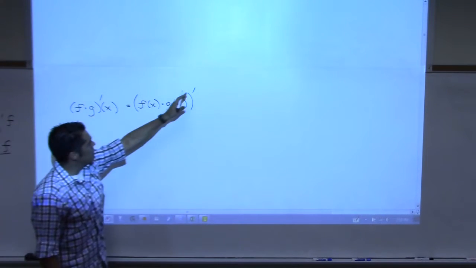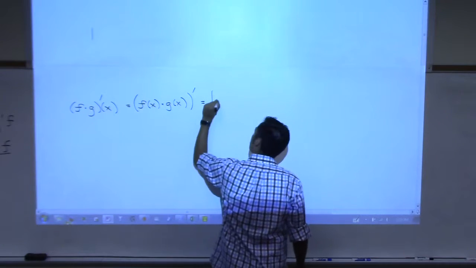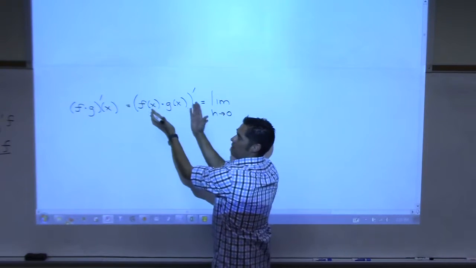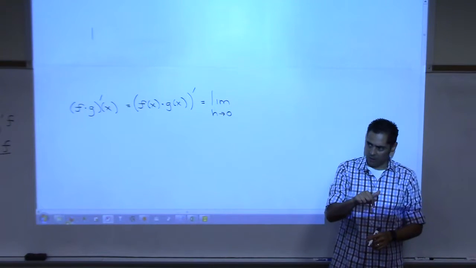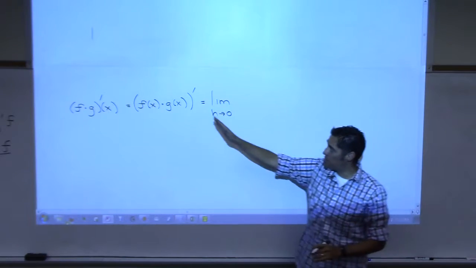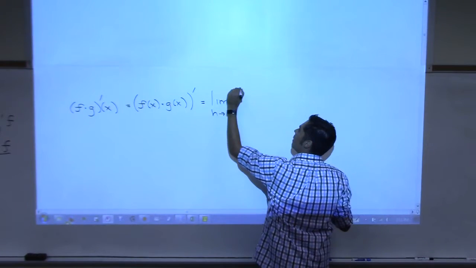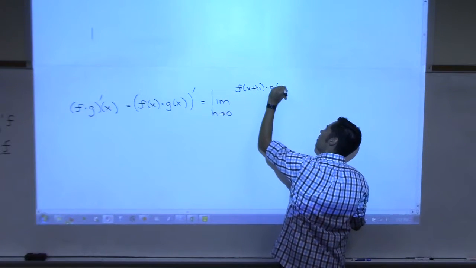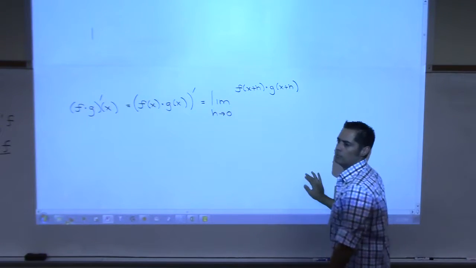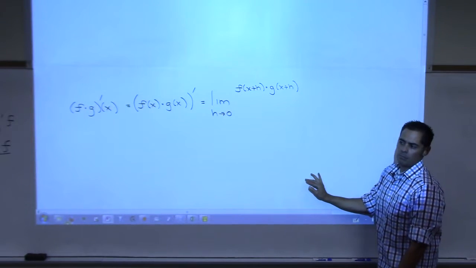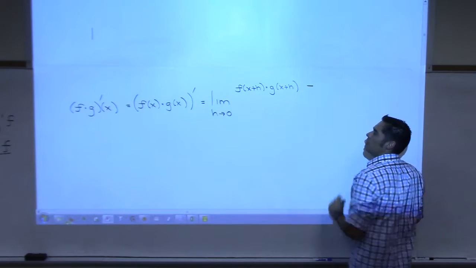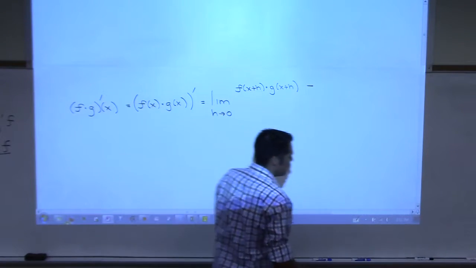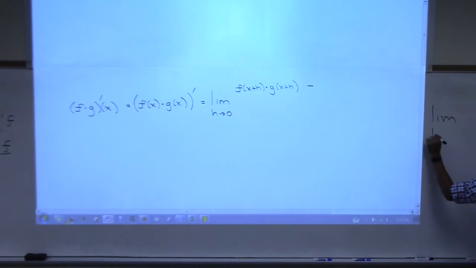Now the derivative means I need to take a limit as h goes to 0 of this thing with x plus h plugged in first. So that would be f with x plus h plugged in times g with x plus h plugged in. Minus, now I'm supposed to just plug x into this function. I'll write this down over here. Limit as h goes to 0.